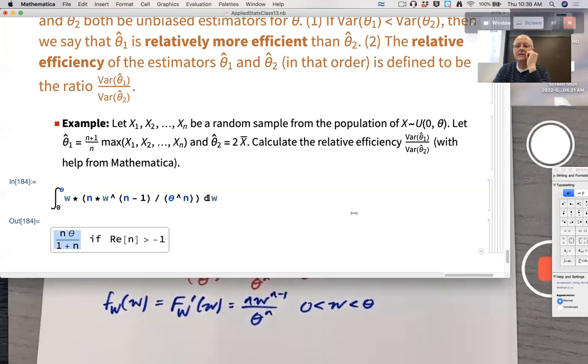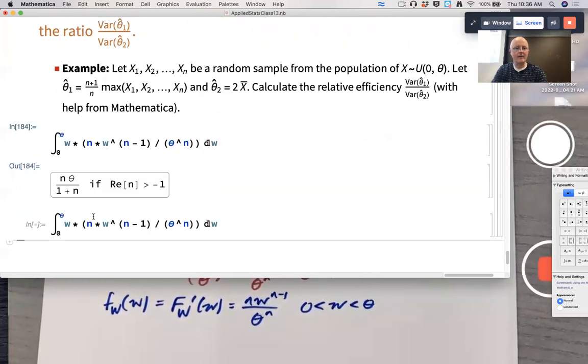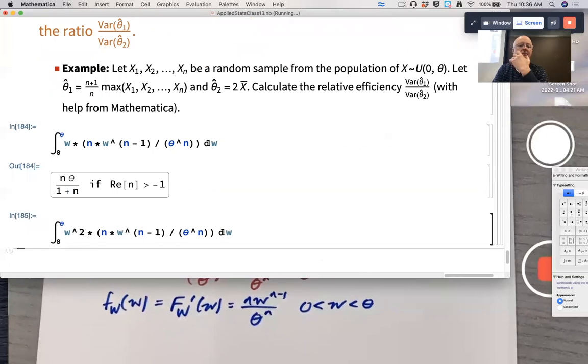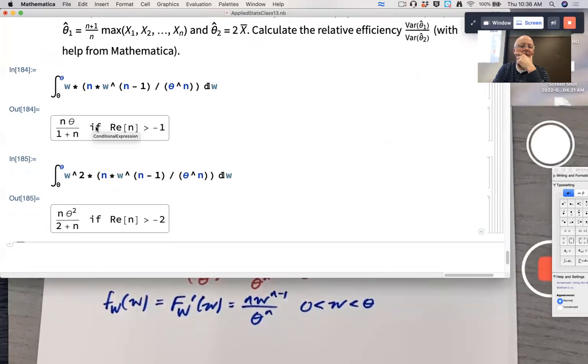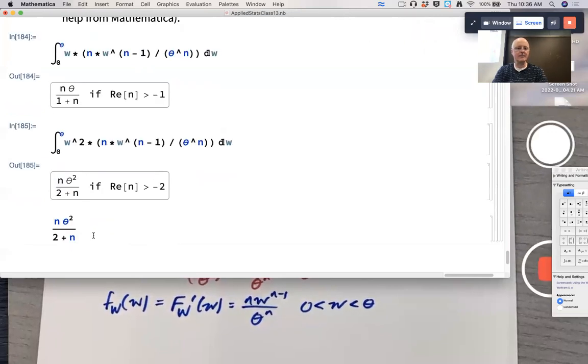Not done, I need the variance as well, so I need the second moment. Ignore this part, the if RE of n is greater than -1 or -2. That's Mathematica wondering if I intend n to be a complex number or not. That's the second moment. So what's the variance? Second moment minus the square of the first moment.